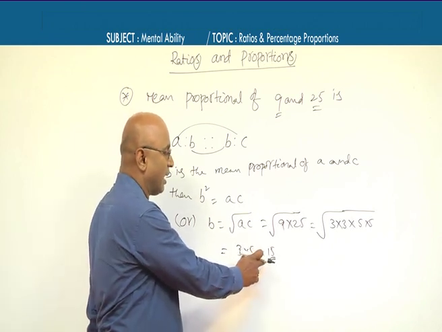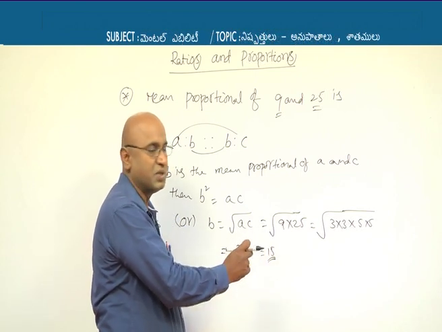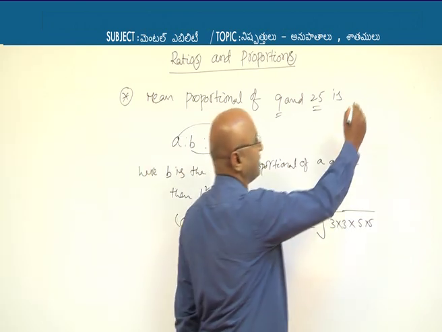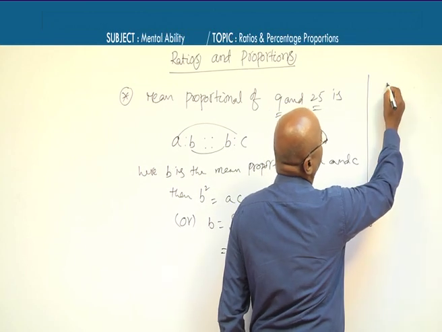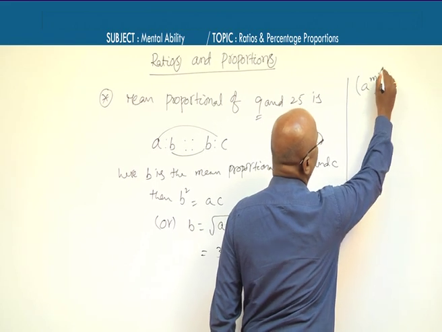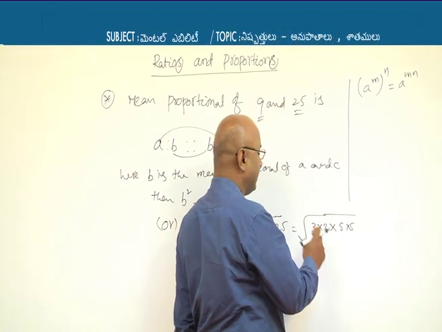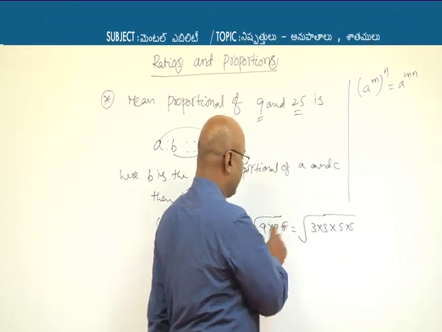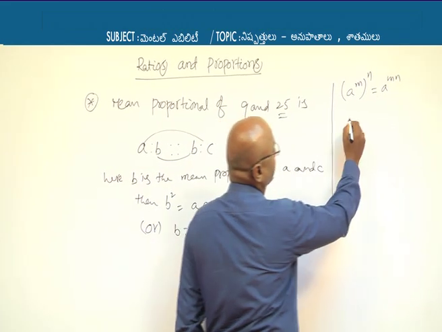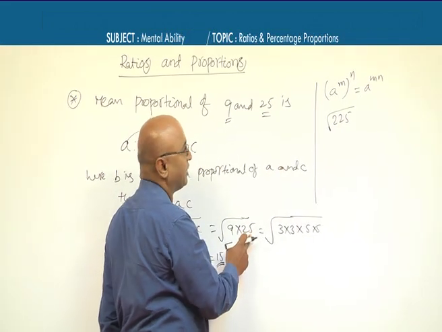Here for non-math students, how the root can be eliminated is a big issue. So I will explain how the root is eliminated. In algebra there is a formula: a to the power of m, whole to the power of n, is equal to a to the power of mn. Here the square root of 9 into 25 is the square root of 225.